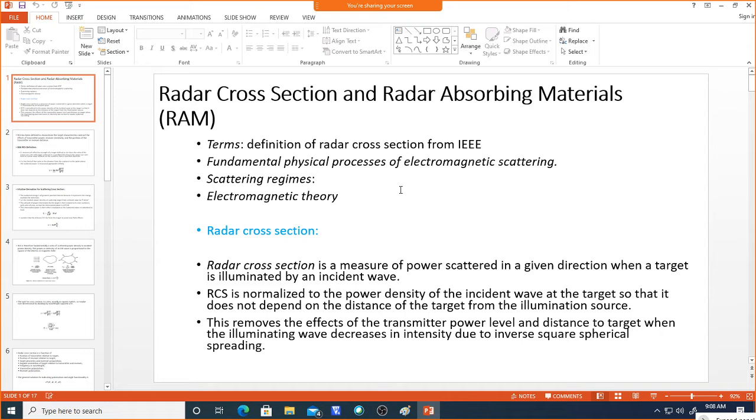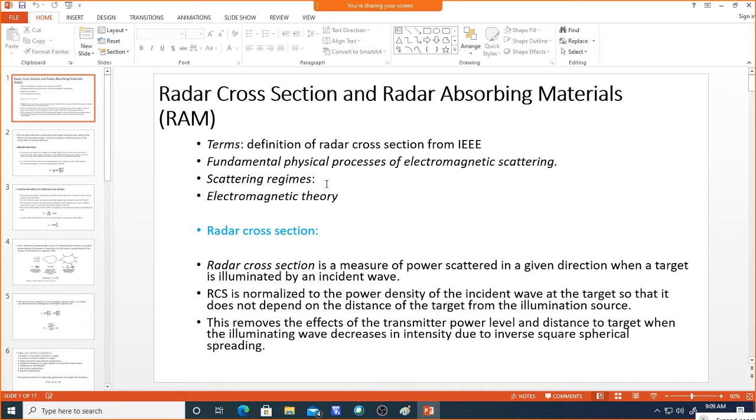In these regions, we need to know how the radar cross section of a target is going to be detected, and that is the scattering regimes. This depends on the wavelength of operation and also the size of the target, so we need to know at what frequency we need to apply the different parameters like transmitter power and other parameters.